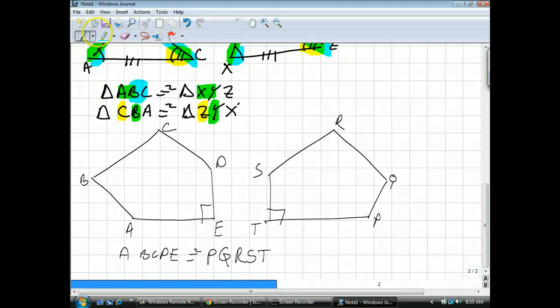So we're saying then that side AB is the same length as side PQ. And side DE, this one, is the same length as side ST. So I know that even sides are congruent by just looking at it.